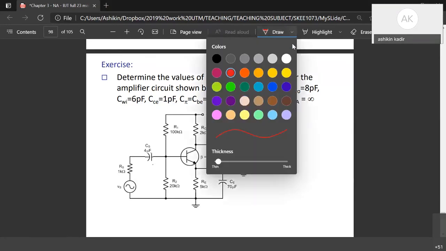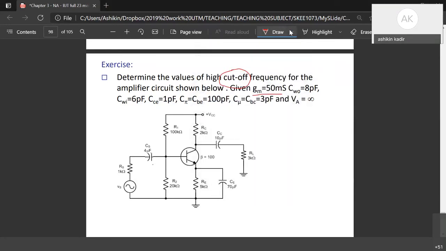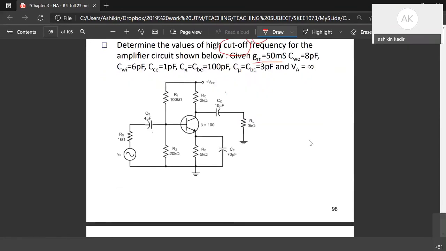Because when we do the high frequency analysis, we need to know how much is the AV, the gain. When we do the Miller theorem, we need to know the AV. So if we want to know the AV, we need to draw the equivalent circuit. Here is your CBE. Base is the input, collector, and also emitter.